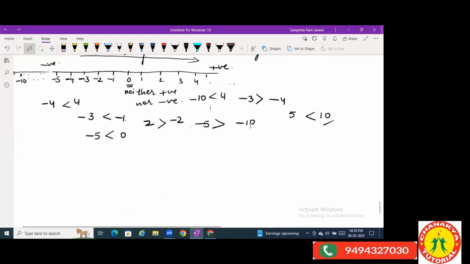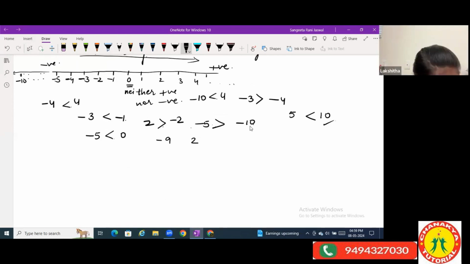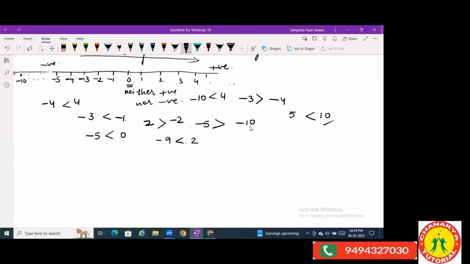One more question. Minus 9 and 2. Here, which is greater, Lakshita? 2. Very nice. Neha, you tell me any 5 numbers less than 0.